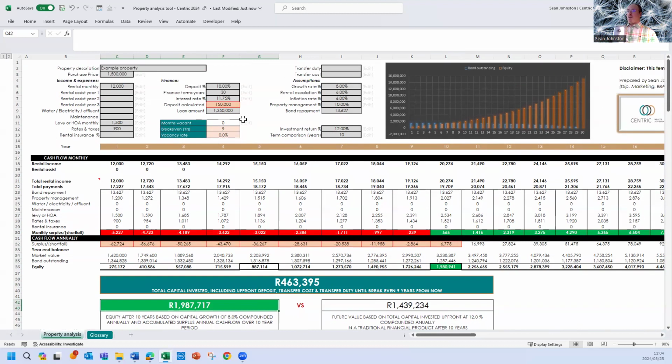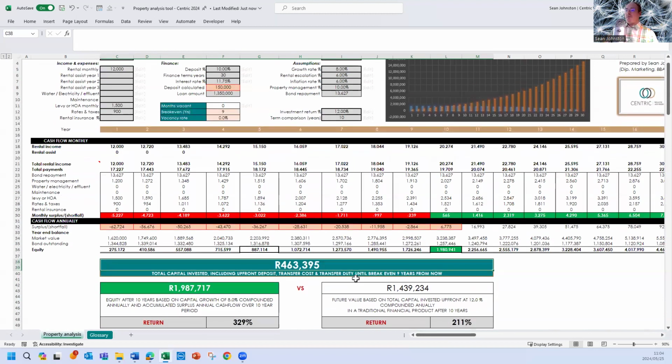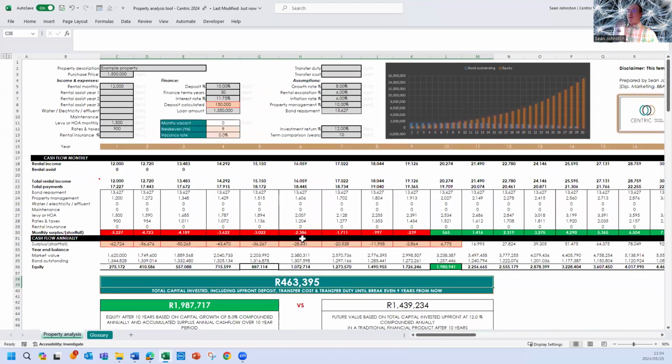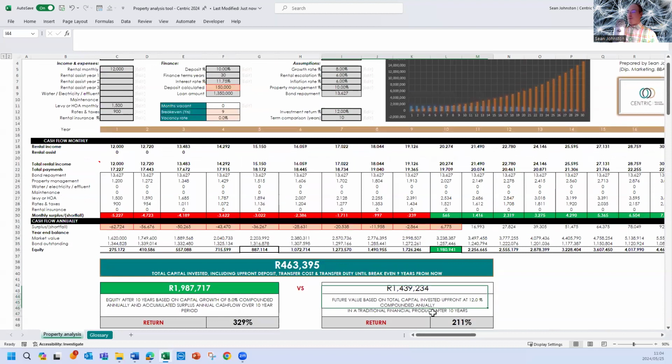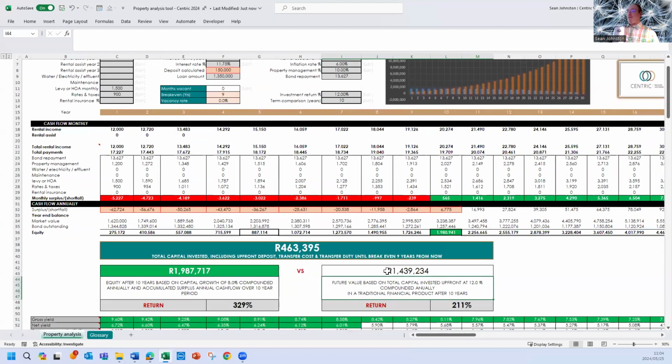And if you took the equivalent 463,395 and you invested that up front and got an investment return of 12% 10 years from now, you would have a fund value, a future value of 1,439,234.